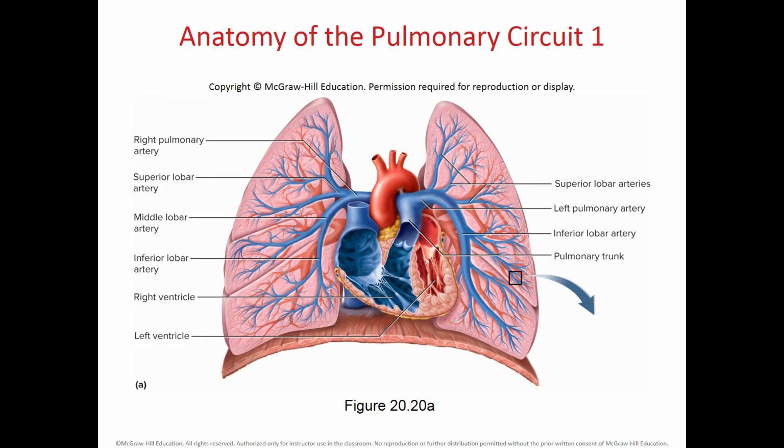So this is the anatomy of the pulmonary circuit. Remember, everything starts here at the right ventricle.